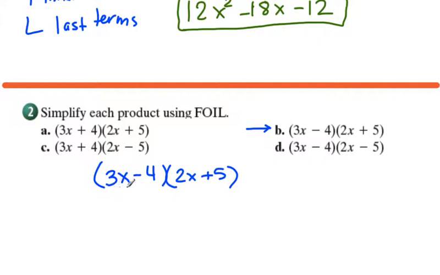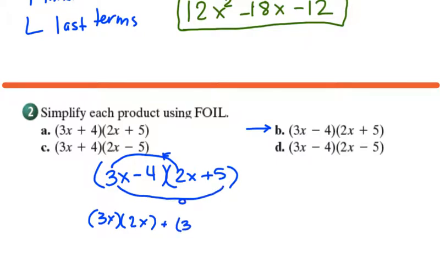So the first terms, 3x times 2x, that's my f. So 3x times 2x. My outer, so the 2 on the outside, 3x times 5. My inside terms, negative 4 times 2x. And then my last terms, negative 4 times 5.